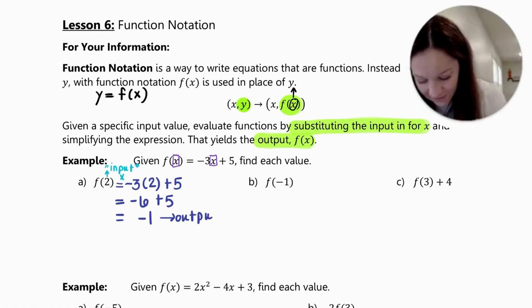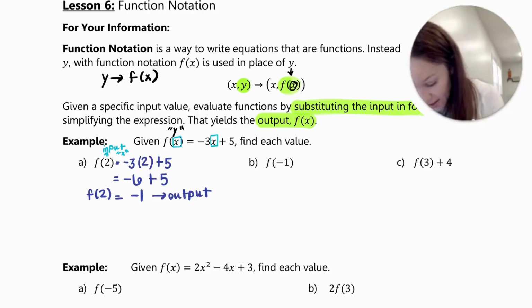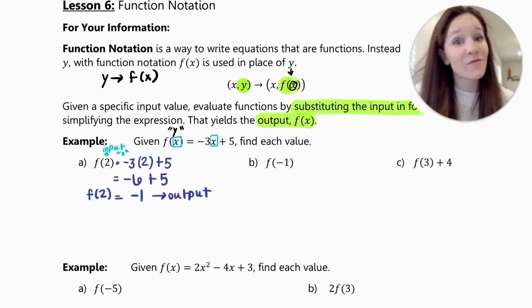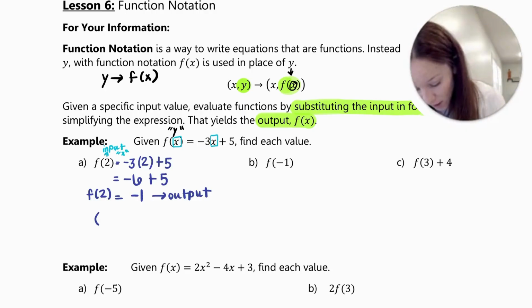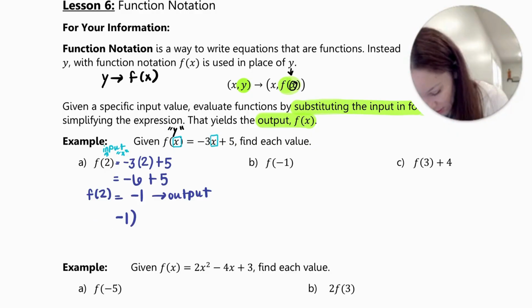Negative 6 plus 5 gives us negative 1. So that is our output. So f of 2 equals negative 1. Or we could say, when our input is 2, when our x is 2, our y, which is f of 2, would be negative 1.